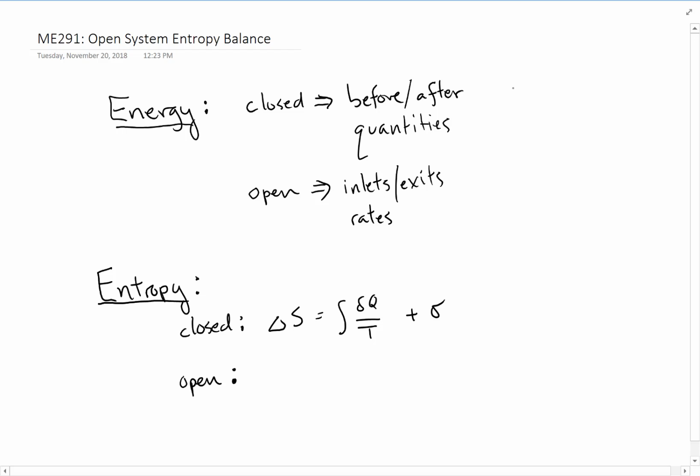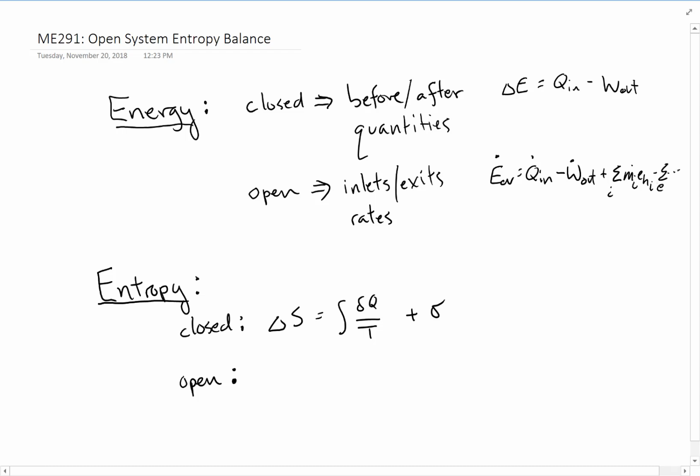So remember, in the case of the energy balance, change in energy was equal to energy in and out by heat transfer. And then when we moved to an open system, that change in energy became a rate of energy accumulation, and that was equal to a rate that energy came in and out by heat transfer minus a rate at which energy came in and out by work plus a sum over the inlets of energy coming in with mass flow at the inlets minus the same thing over the exits.